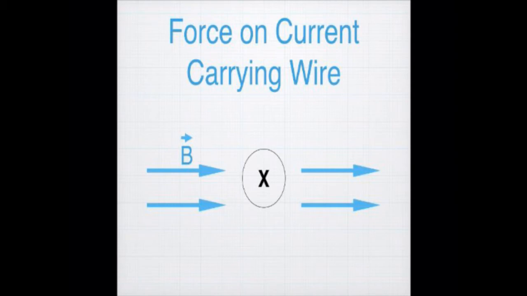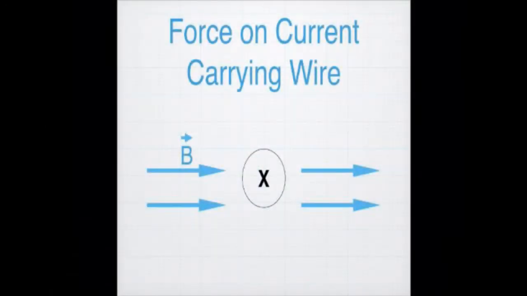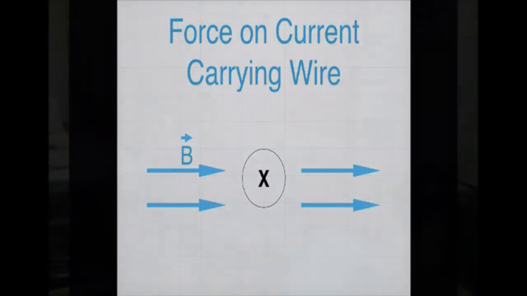Now, if you remember, when we were talking about current, we said that current was the motion of positive charges running through a circuit. Well, if you remember for our right-hand rule with magnetism, the fingers point in the velocity of a positive charge. So if we're talking about current in the conventional sense, positive charge flowing, then if I've got a wire like this with my current going in, you apply the same right-hand rule that you did with a single charge.